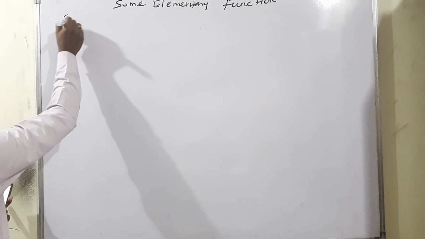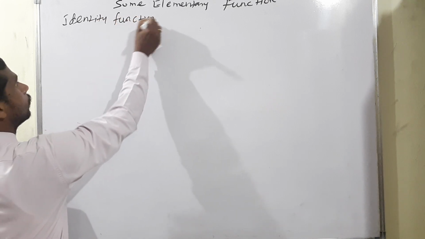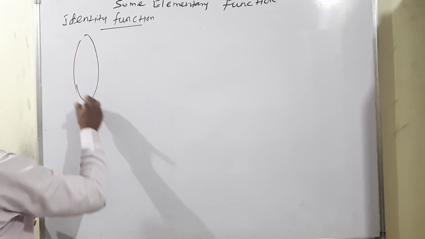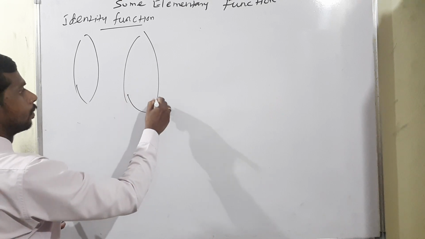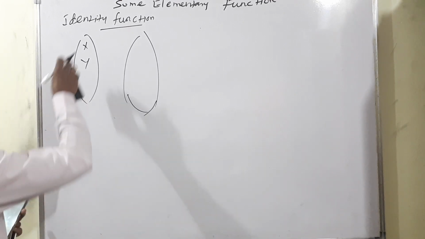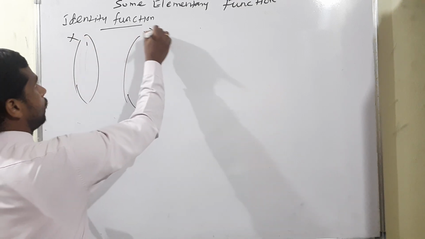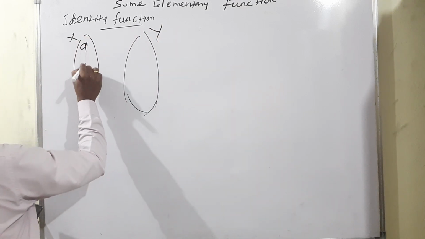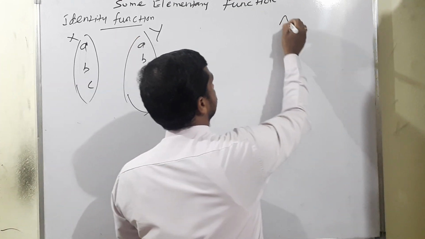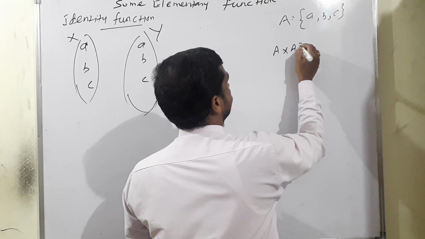What is the name? So, identity function. Identity means X and Y, or as per your book, given A, B, C. This is called X, the domain, and this is called the codomain Y. So A, B, C, and Y also A, B, C. For example, A is considered for A, comma, B, comma, C. What is the meaning of A into A?